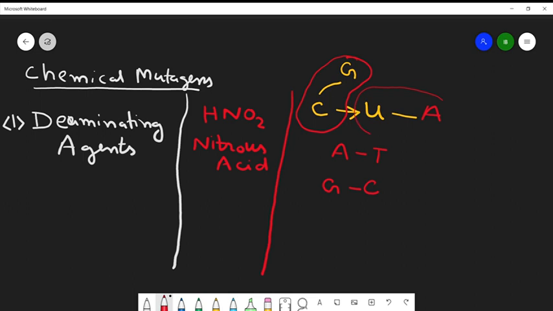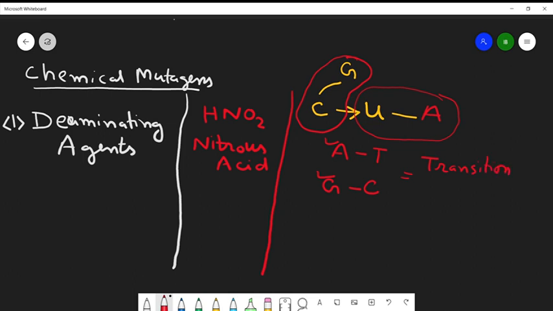Of course, here it is uracil, but in the next round of replication, it will be changed into adenine thymine. So here the guanine is being replaced by adenine, and you know, when one purine is replaced by another purine, that type of mutation is called transition. So it is a typical example of transition.